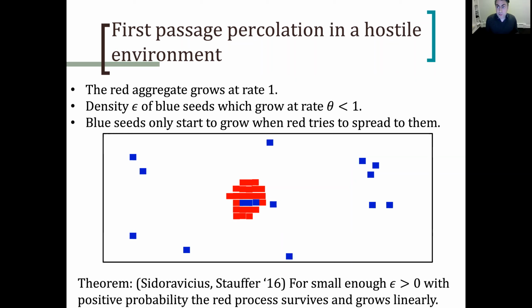And what they also showed was that you can compare this to the multi-particle DLA and show that the aggregate is essentially growing at least as quickly as the red process. So the aggregate is stochastically dominating the red process here.